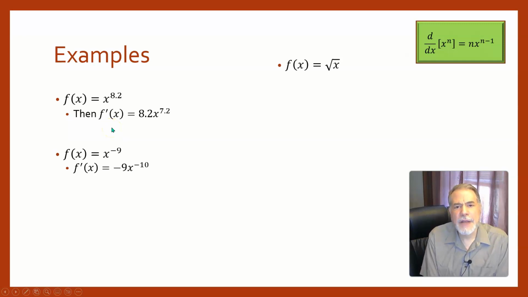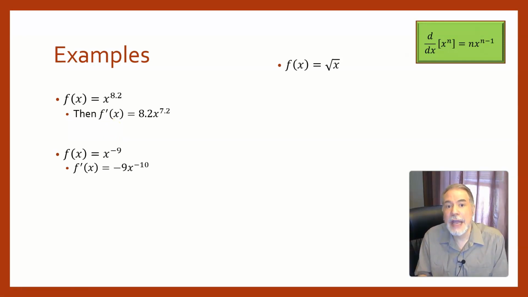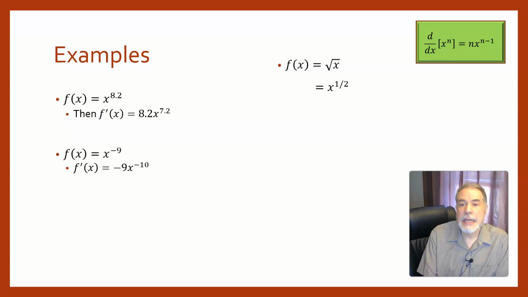What about if f of x is the square root of x? Now remember, another way of writing the square root of x is x to the 1/2 power. The cube root would be to the 1/3 power, the fourth root would be to the 1/4 power, and so on. So we can write roots or radicals using fractional exponents like that, and that means we can find the derivative using our friend the power rule.